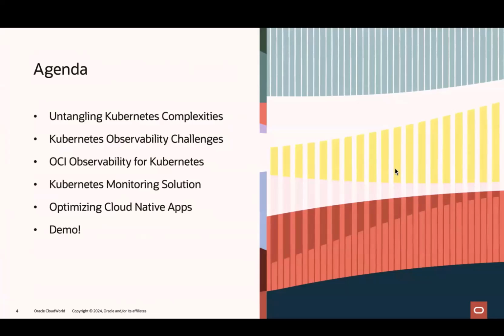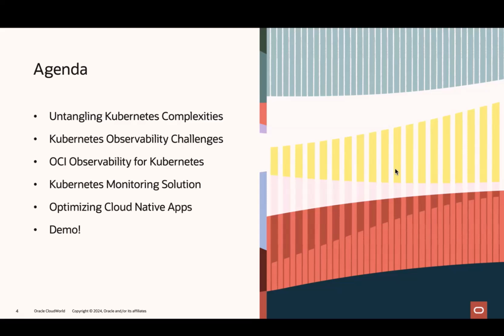What we'll go through today is, to start with, what brings that complexity of managing and troubleshooting Kubernetes, or OKE in this case, where I'll go through the demo also.